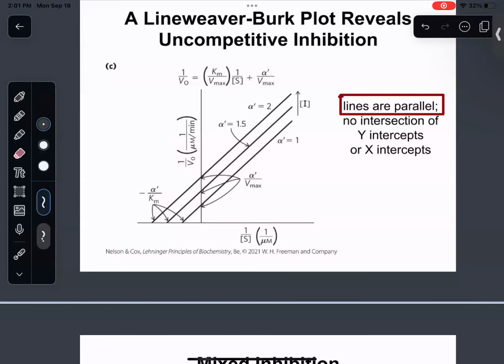Yes, absolutely. You guys are killing it. So these aren't intersecting. These are at different points.